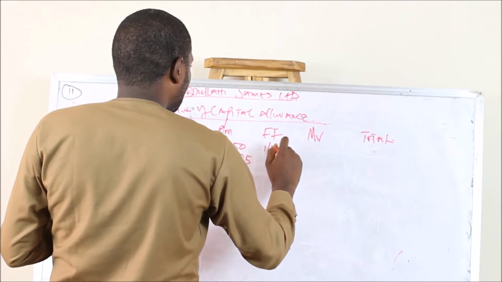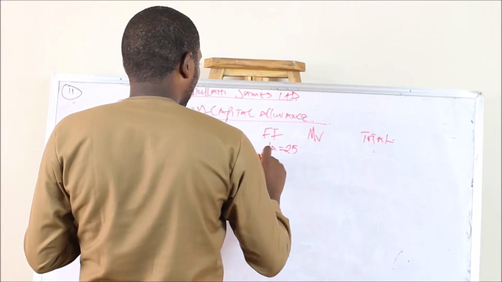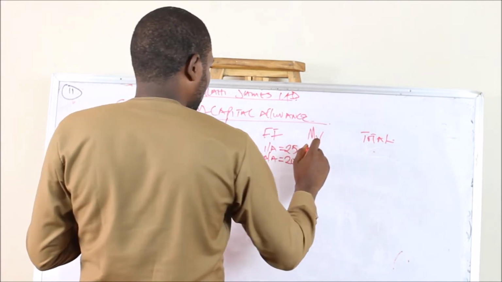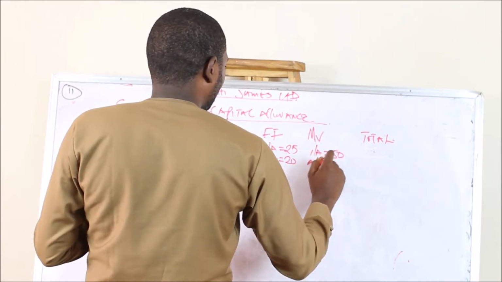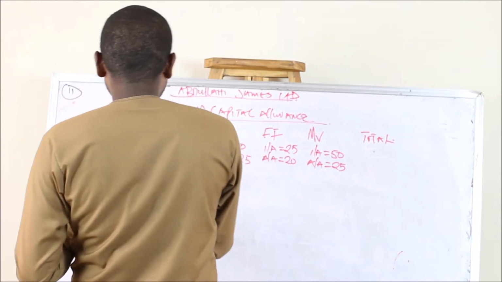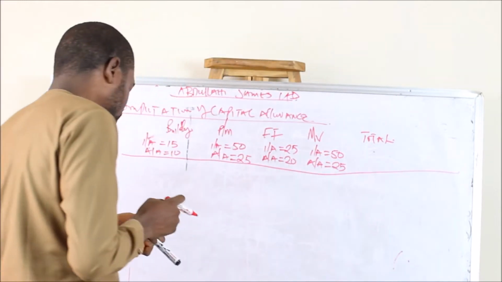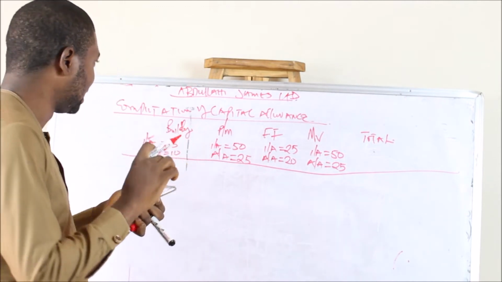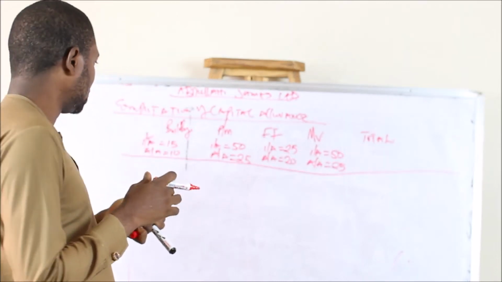Initial allowance for fittings and furniture is 25%, where the annual allowance is 20%. And of course, initial allowance for motor vehicle is 50%, where the annual allowance is 25%. So these are the statutory rates, because you should be able to know them. These are percentages, and of course, investment allowance, that one is constant. That one is 10%.